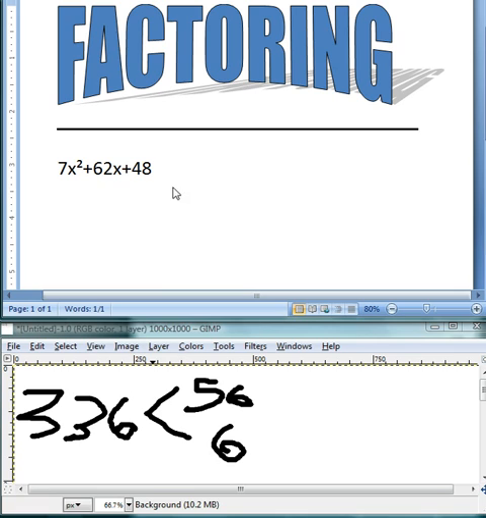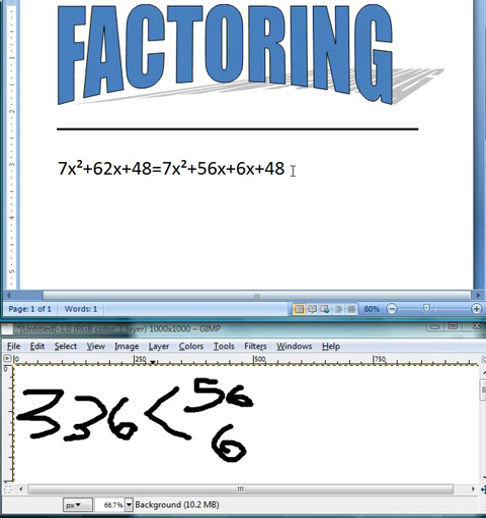Now you cannot just say, oh, there should be an equal sign there. You cannot just write it out easily like the last one where you could just take the factors. You have to write it out, so it's 7x squared plus 56x plus 6x plus 48 equals 0.